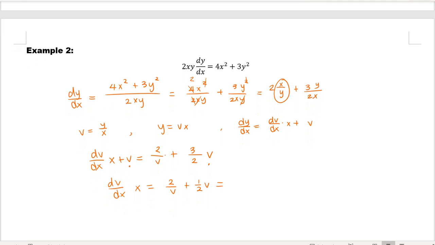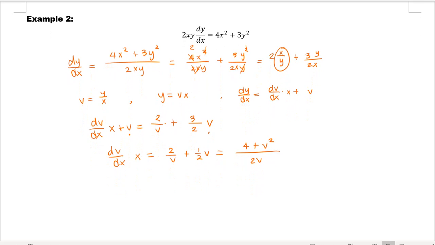We get the denominator 2v, and then here 2 times 2 is 4, plus v squared. So this is actually separable, right? You can see this is a function of v and this is a function of x. Move the function of v to the left: we divide by 4 plus v squared and multiply by 2v, equals dx divided by x.